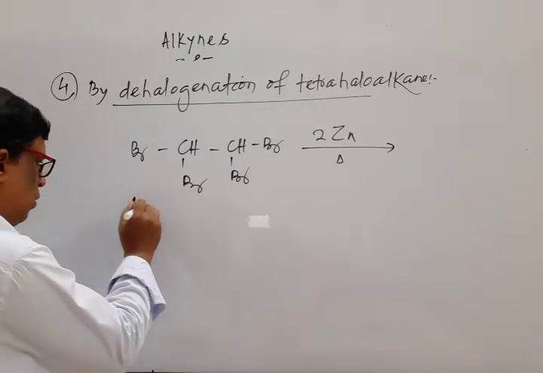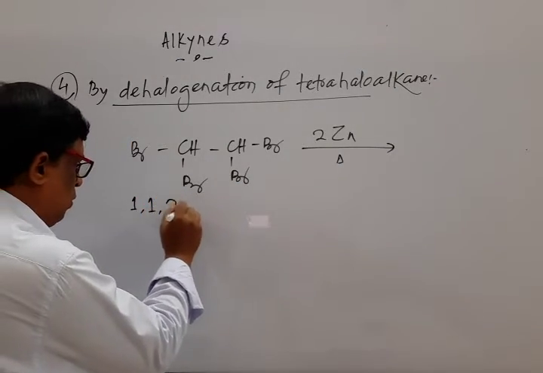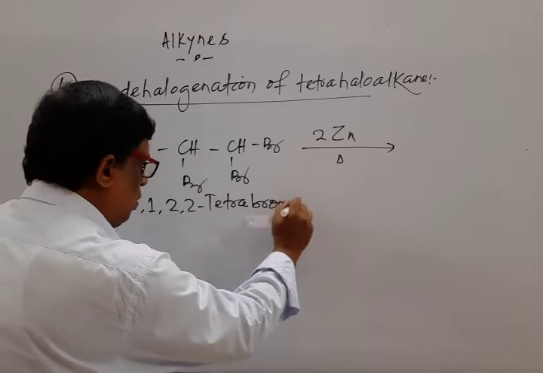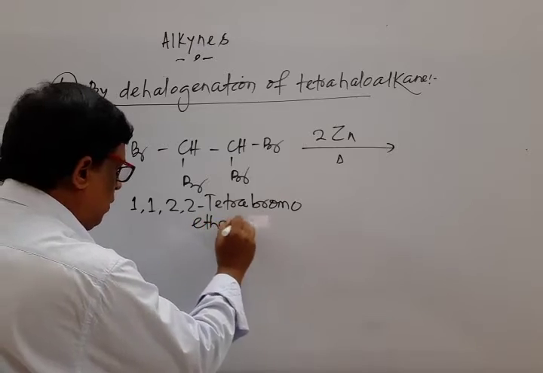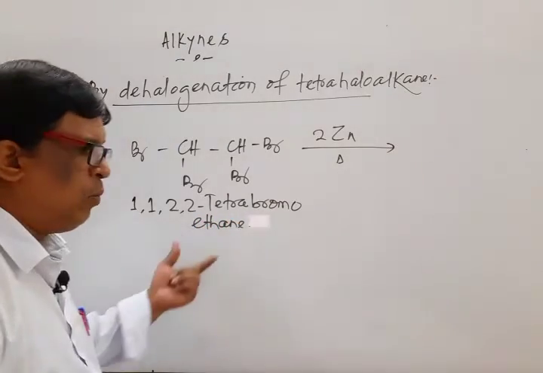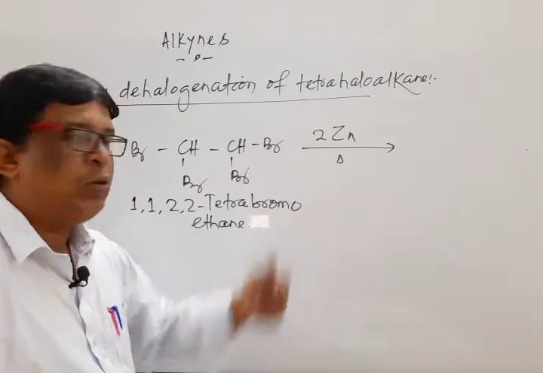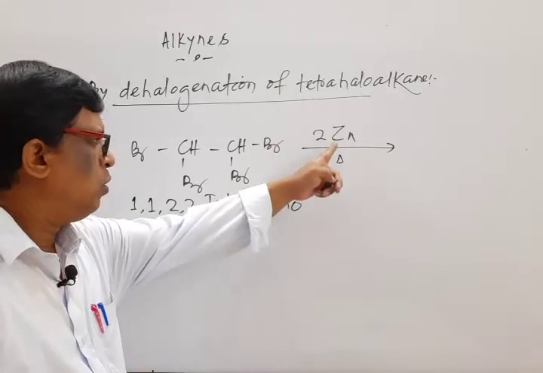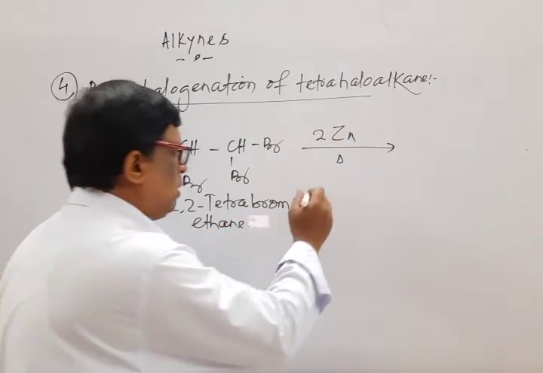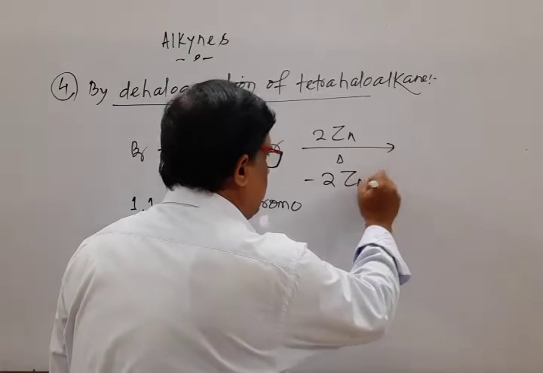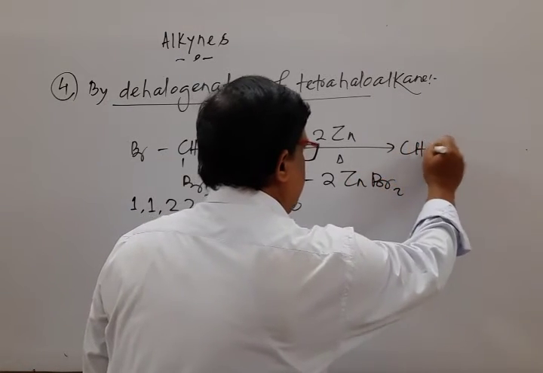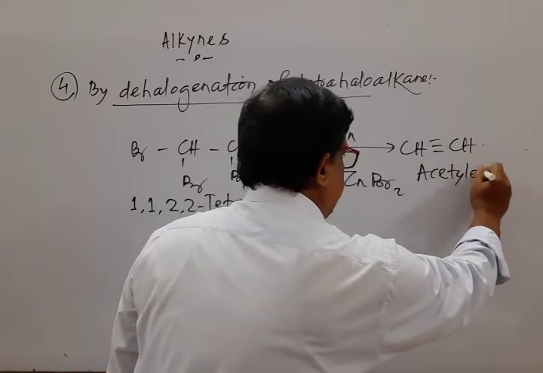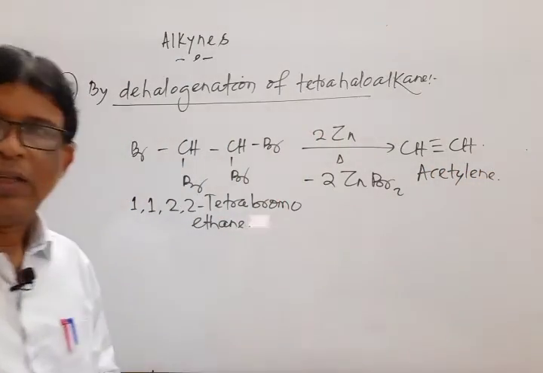Its name is 1,1,2,2-tetrabromoethane. Okay. When heated with zinc dust, we know the valence of zinc atom is 2. So one zinc combines with two bromine, resulting in the formation of minus 2 molecules of zinc bromide, resulting in the formation of acetylene. Its name is acetylene. Okay. So what is the statement?